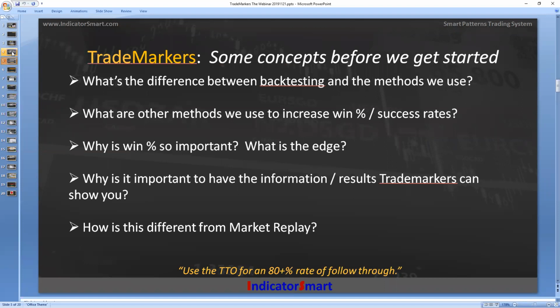So let's kick around a couple of concepts before we get into the nitty gritty. Number one, in the methods that I'm going to show you today, there's a difference between back testing and the methods we use.